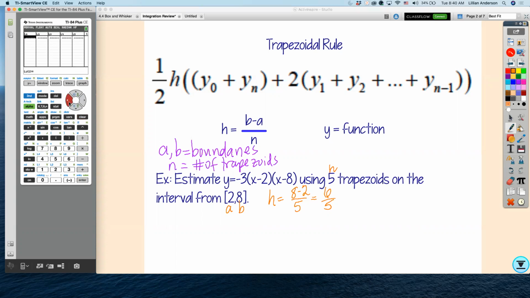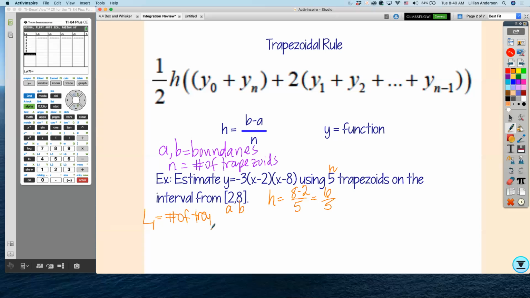Since we have 5 trapezoids, we always started at 0 and we went all the way up to the number of trapezoids that we had. So in L1, you essentially are putting your number of trapezoids starting at 0. Always start at 0.